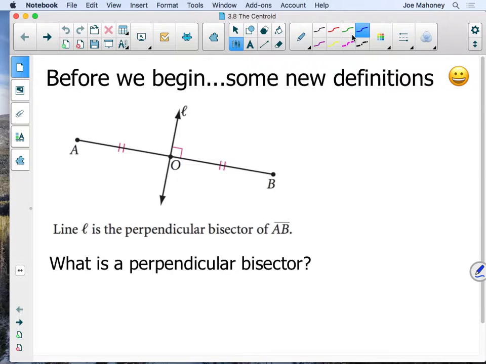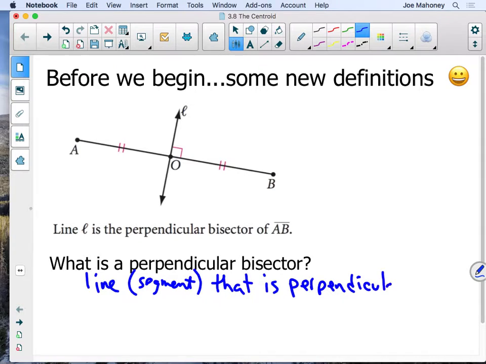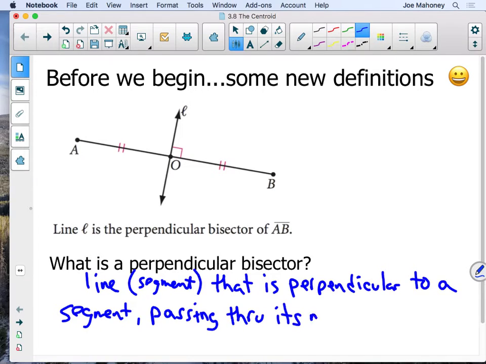So let's say a perpendicular bisector is a line, and I'm going to put in parentheses a segment, because it could be a segment as well. Okay, so it's a line or a segment that's perpendicular to a segment and that it also passes through its midpoint.